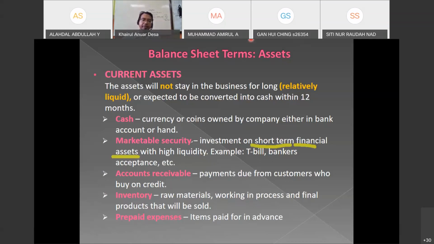Okay, kita bincangkan di mana ni? Marketable security hari tu kita bincangkan apa di sini? What's in the last topic we discussed about the marketable security. Do you still remember there are 2 types of financial market in Malaysia? Masih ingat? There are 2 types of financial market in Malaysia.